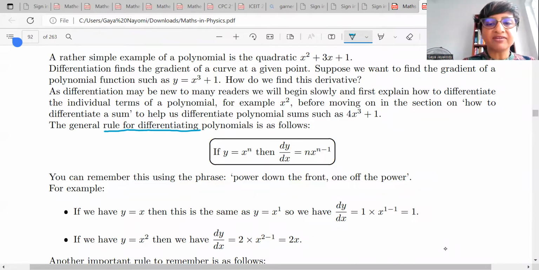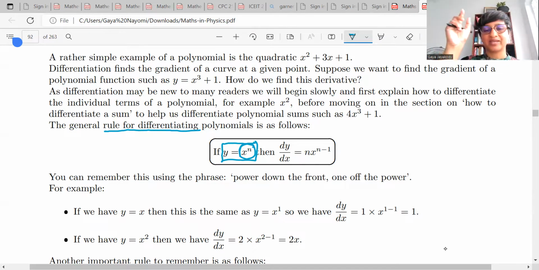If you have a function in this form, y equals an expression that is a power of x, x to some power, suppose the power is n in general, then n could be any power: n could be 2, n could be half.